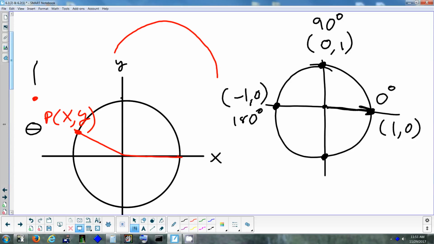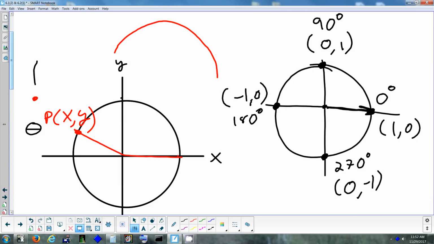What angle would that be? Angle, not coordinate. 270. But the important thing is the coordinate. 0, -1. Those coordinates never change. Those are always the coordinates for those 4 points.